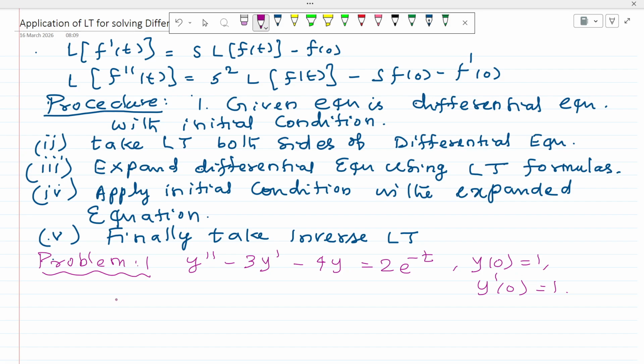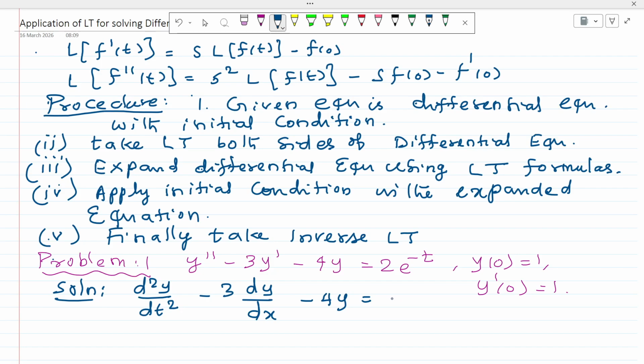Listen, we know that this differential equation can be written as d square y by dt square minus 3 dy by dt minus 4y equal to 2 e power minus t.